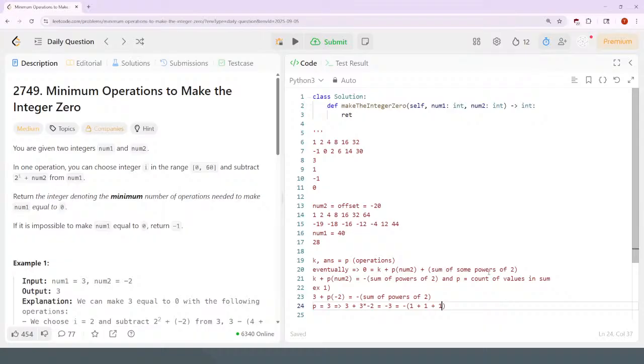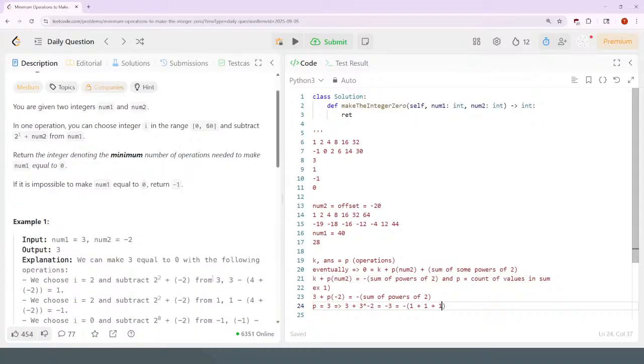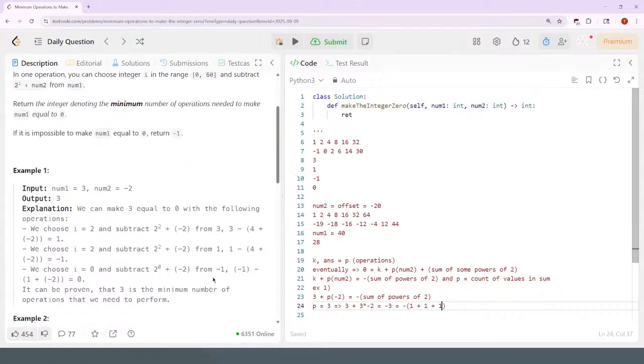Each power of 2 that you add, that's another offset that we're dealing with. The answer was in fact 3.